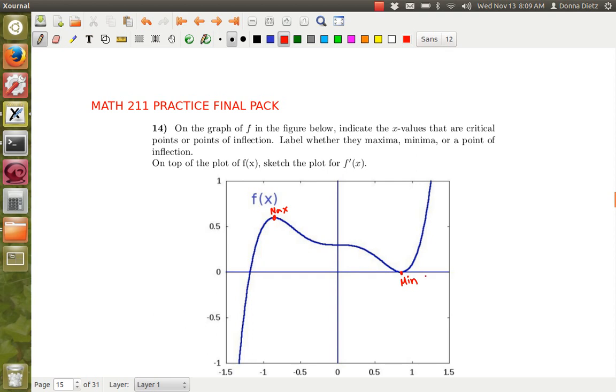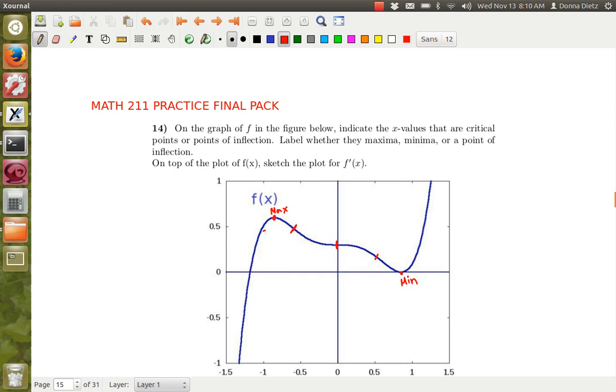Now, what about points of inflection? So you want to look about where the spilling water and holding water is changing. So from down below, all the way up to roughly here, you have a spill water situation. Up until here, you have a hold water situation. Then roughly here, it would split, and you'd have a spill and then a hold.